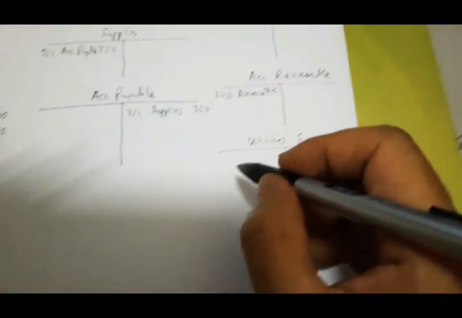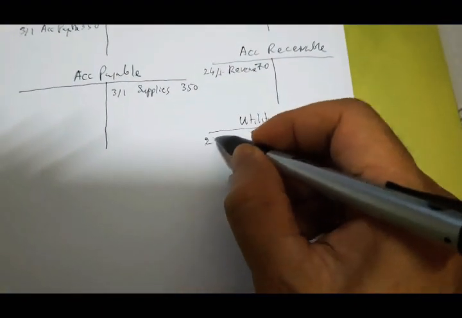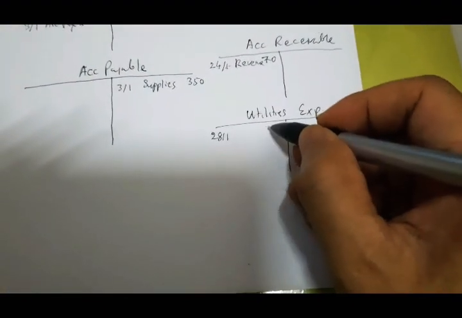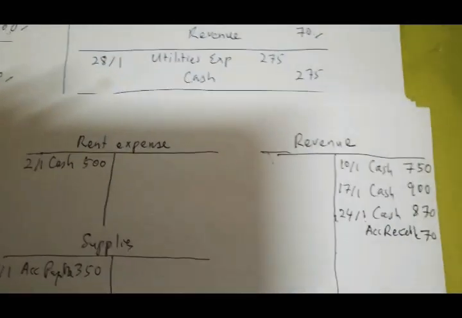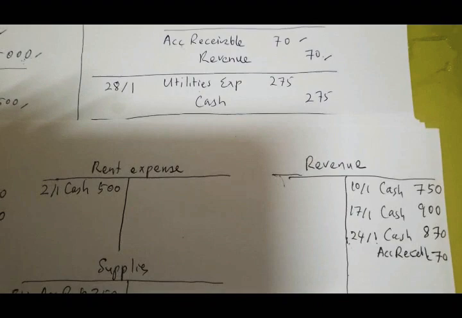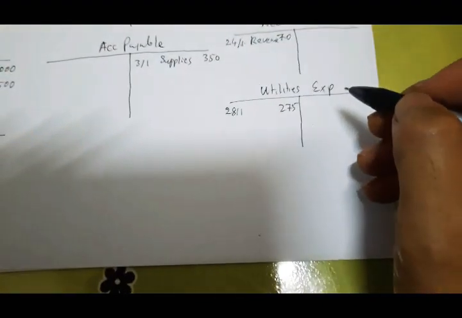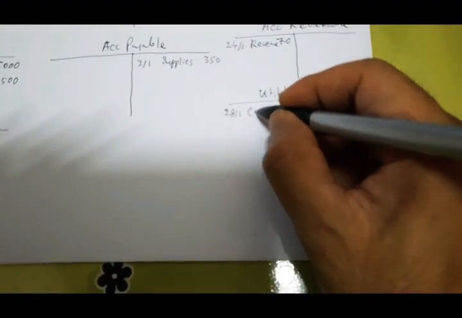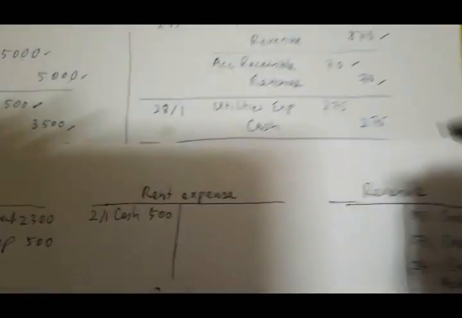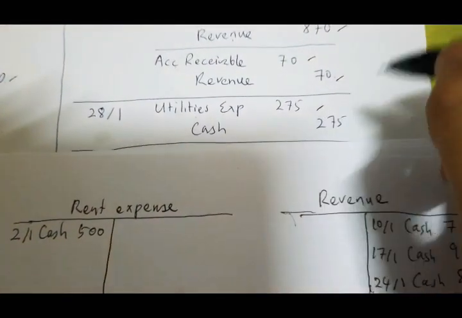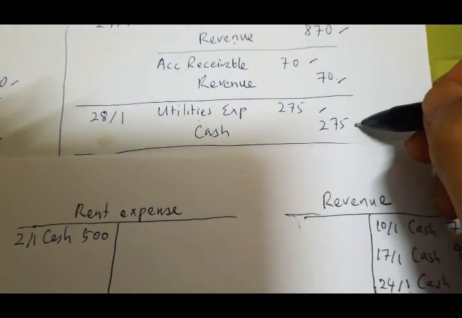Debit 275, 28th of January. Refer to which account? Refer to account cash. So here utilities expense debit, refer to account cash. Now that you have done this, the next thing is credit cash 275.